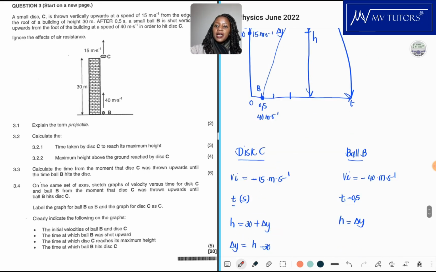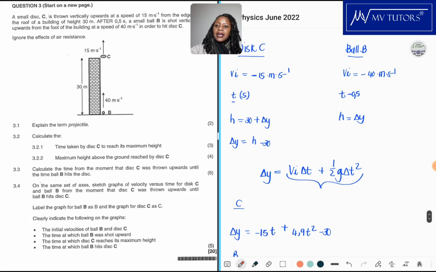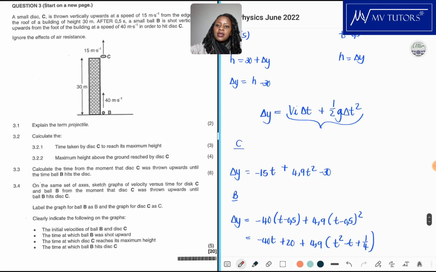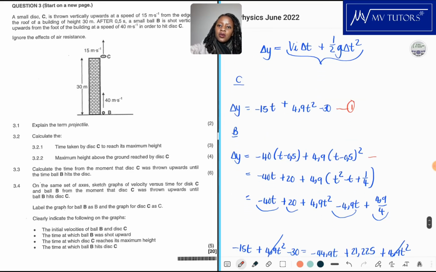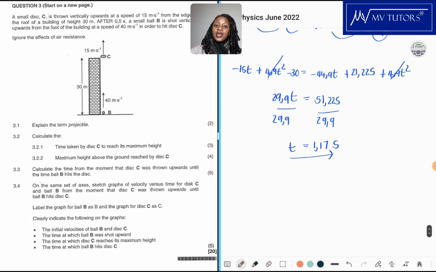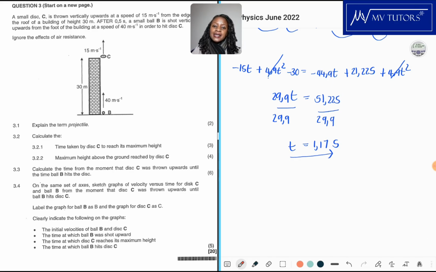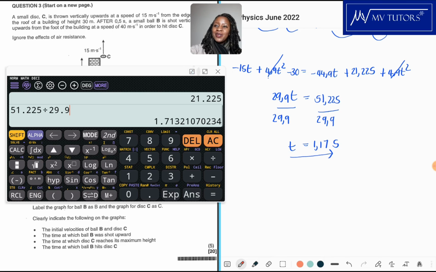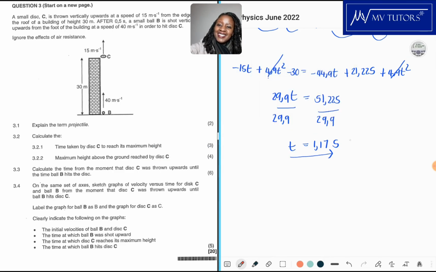If you want to work it out, you can substitute the time into either equation, whichever is simpler. But they're not asking for the height at which ball B collides with disk C. They just wanted the time, which is 1.71.